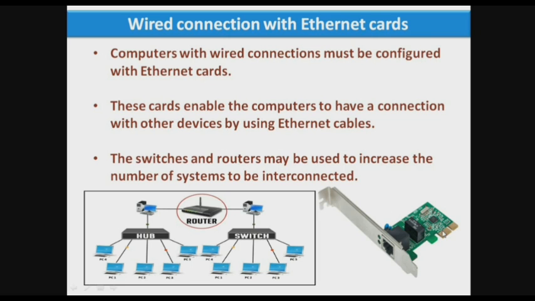This is Ethernet card. It should be configured with your computer. So it should also be inserted in your computer motherboard. With the help of Ethernet card, your computer is enabled to have a connection with other devices by using Ethernet cables. So Ethernet cables are inserted in this port.